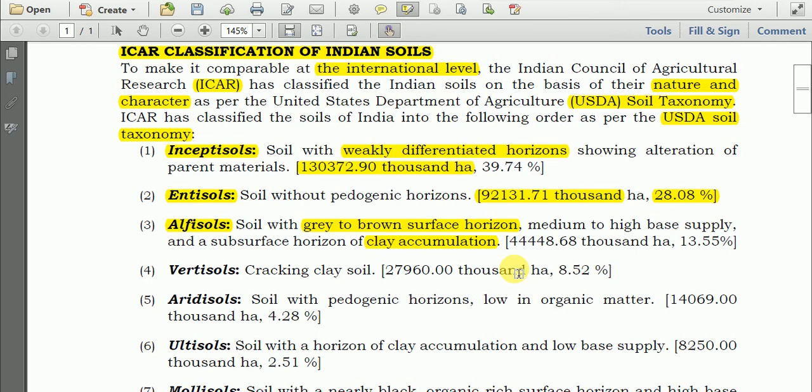This soil covers 44,448.68 thousand hectares, which is 13.55%. Now let us see the photograph.